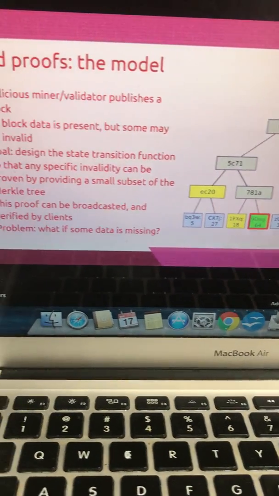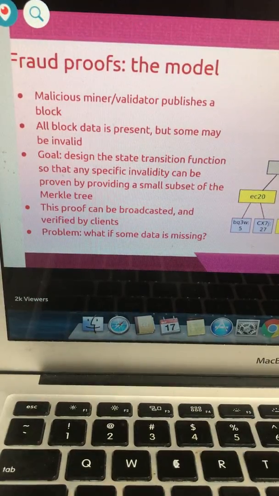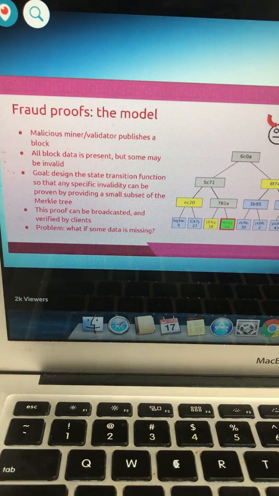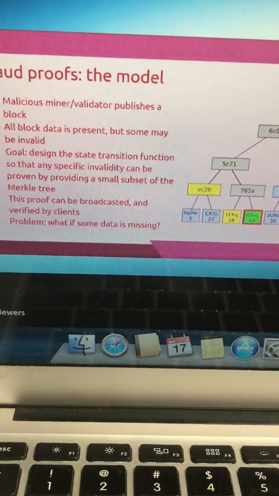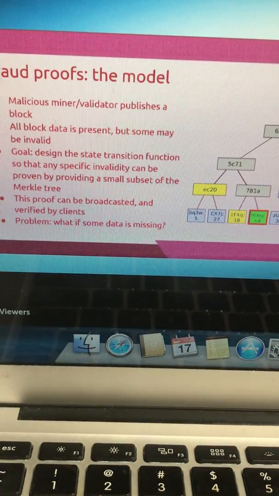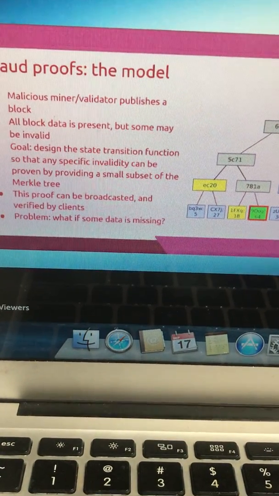So to get directly into things, let's start talking about fraud proofs. The setting here is that a malicious miner, a malicious proof of stake validator or whatever, publishes a block. And we're going to assume all the block data is present. So there's some magic oracle that verifies that the full body of the block has been published to the open internet, and at least one honest node has it. But some of the block data may be invalid.